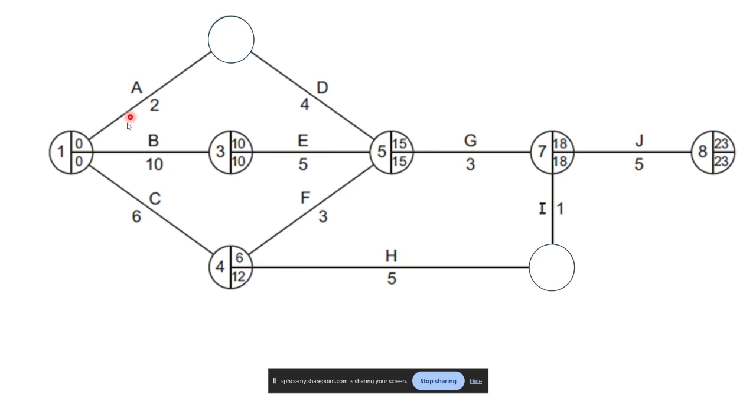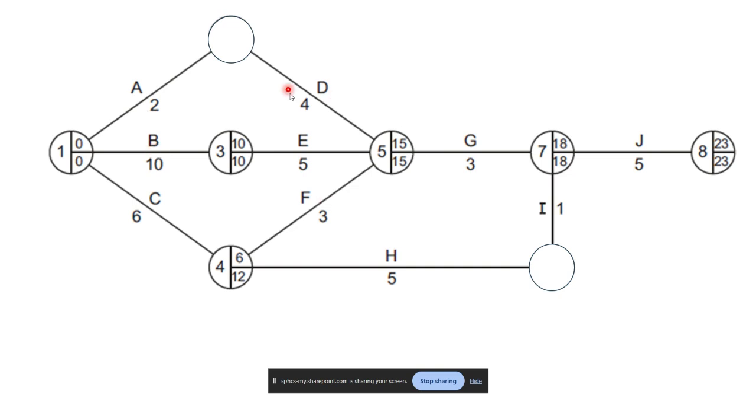So first thing to do, if you've got any gaps, is to work out what the earliest start time is. Activity D, the earliest start time for it is 2. How do I know? Because it has to wait until A is completed. So 0 plus 2 is 2. Let's have a look at activity G. Remember, activity G needs D, E, and F to complete.